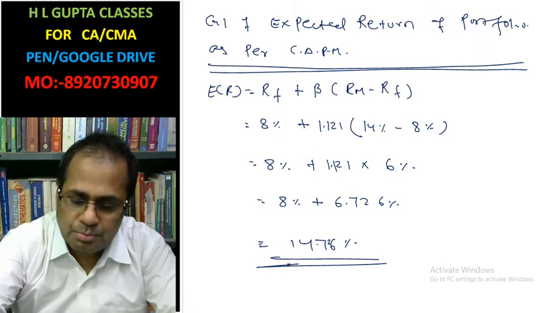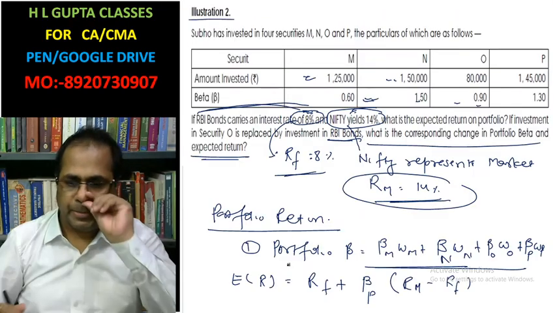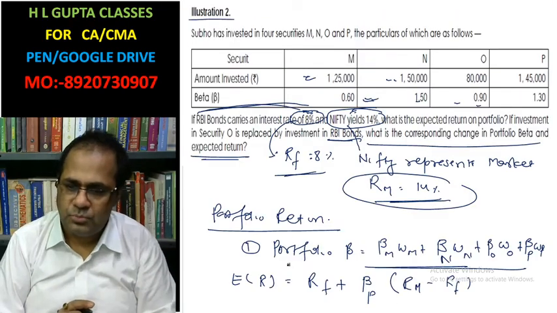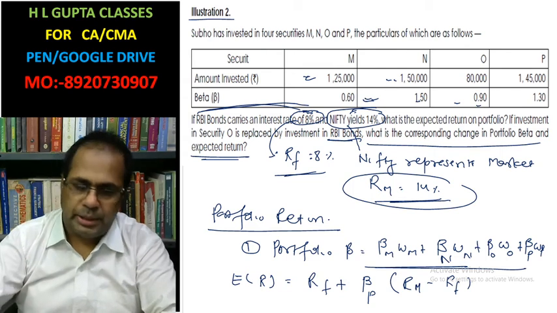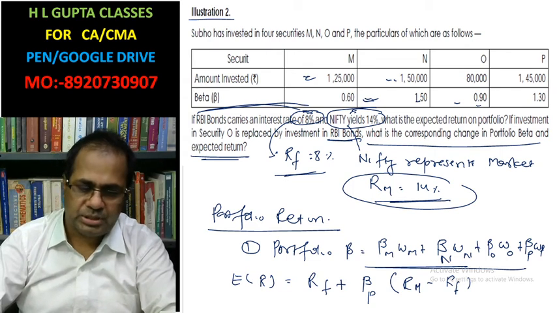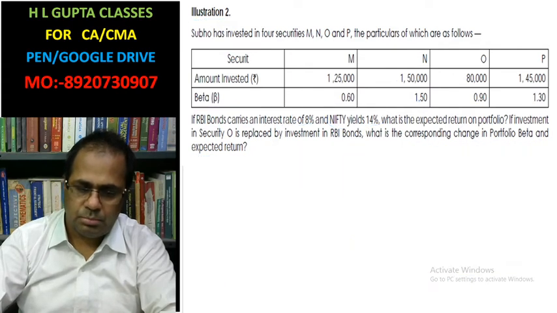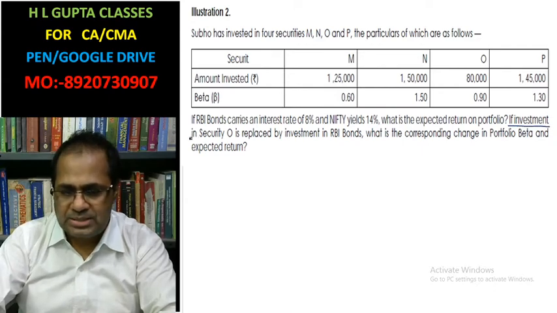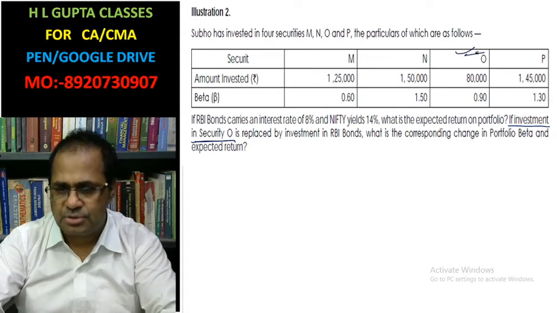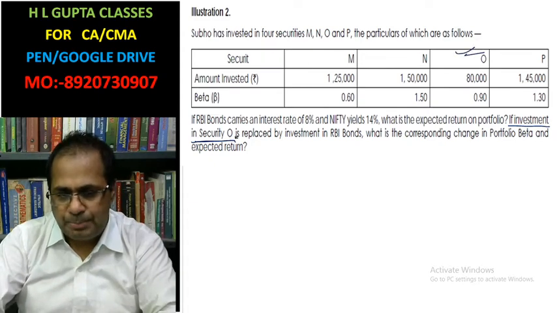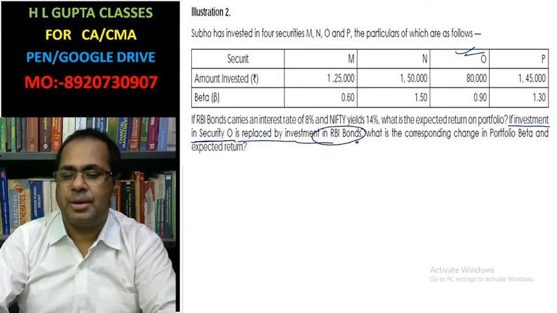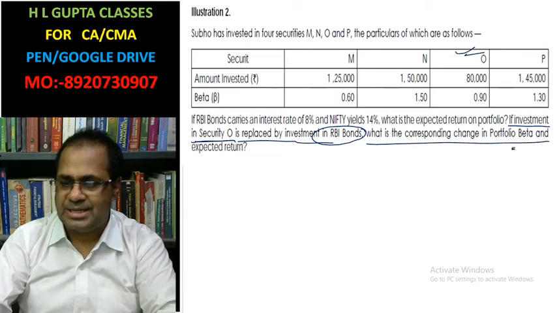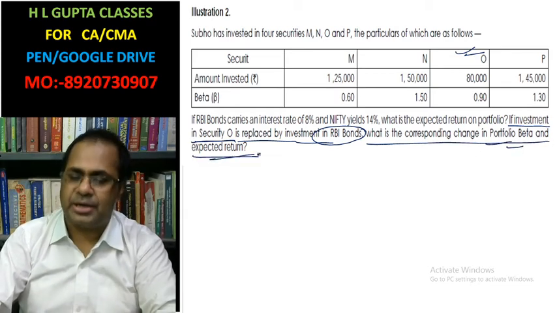In the second part of the question, please try to understand what it is saying. If investment in security O is replaced by investment in RBI bond, what is the corresponding change in portfolio beta and expected return?